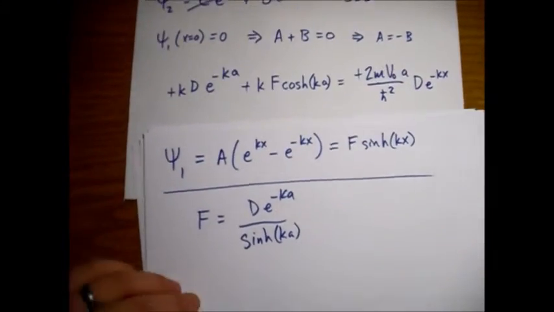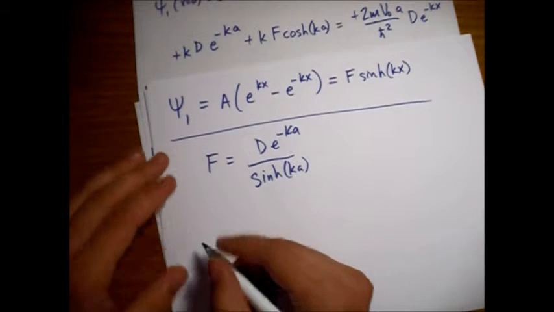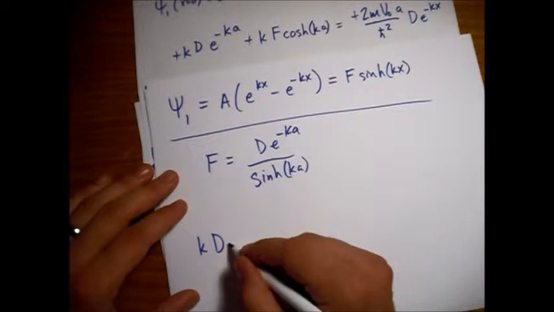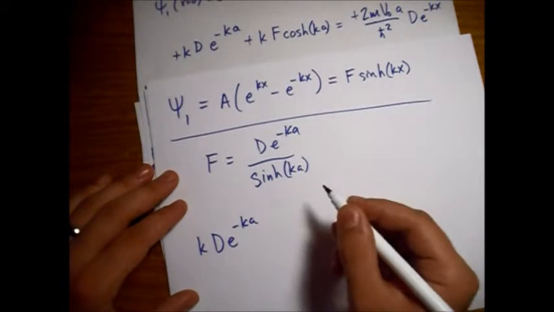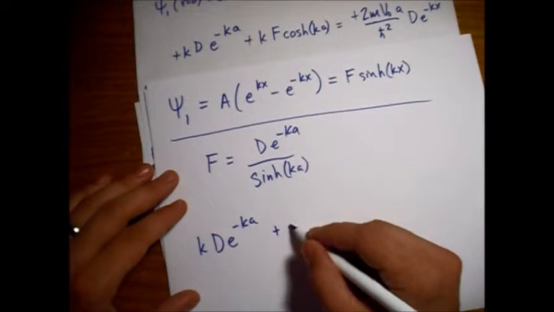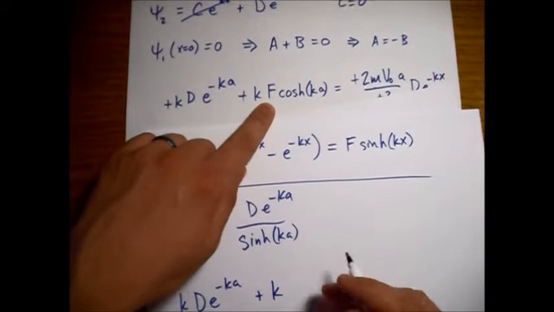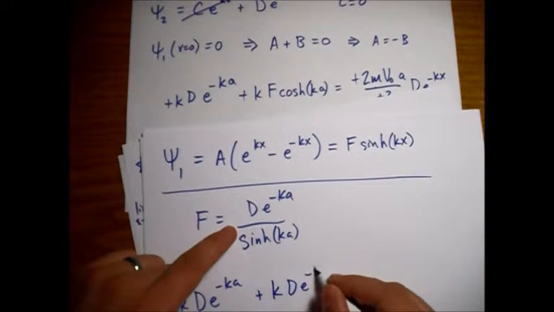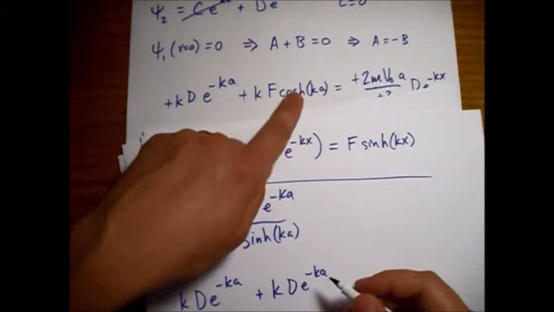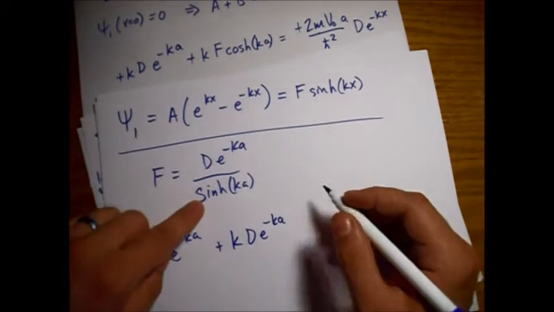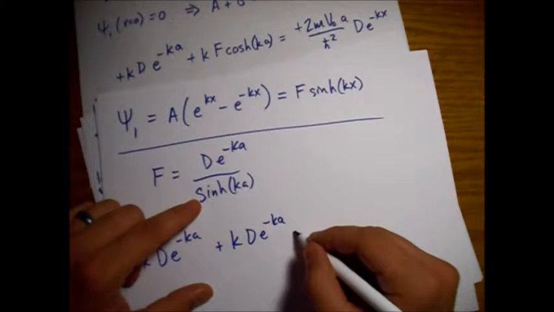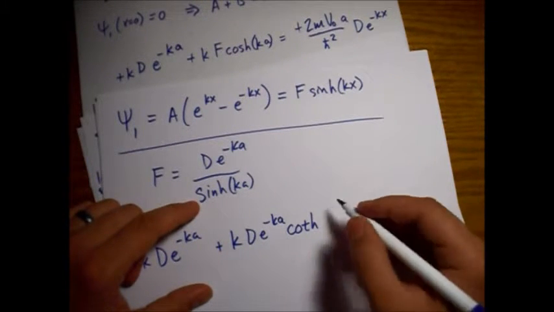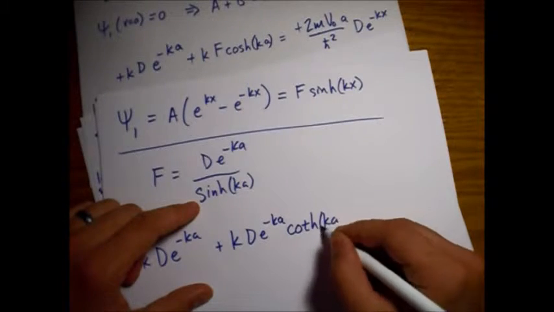So we'll write out our whole equation down here. We have k D e to the minus ka plus k, and now I'm plugging in this F here, D e to the minus ka, and then we'll have a cosh over sinh, which is a hyperbolic cotangent evaluated at ka.